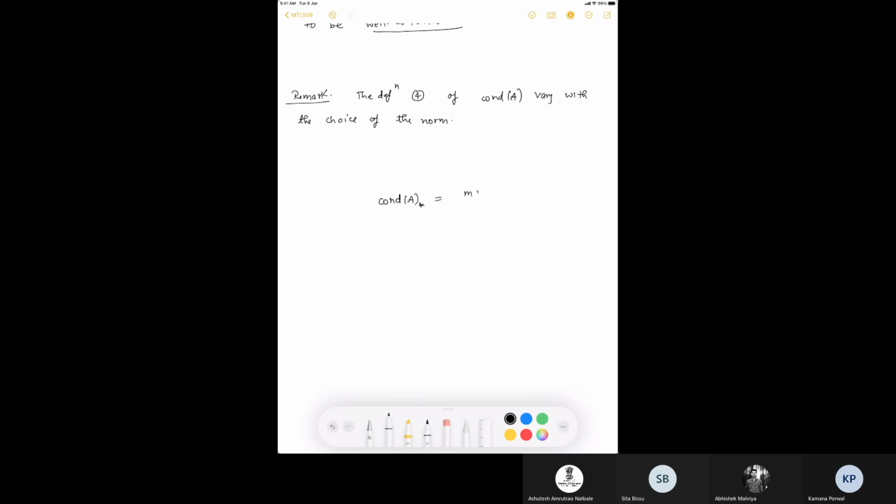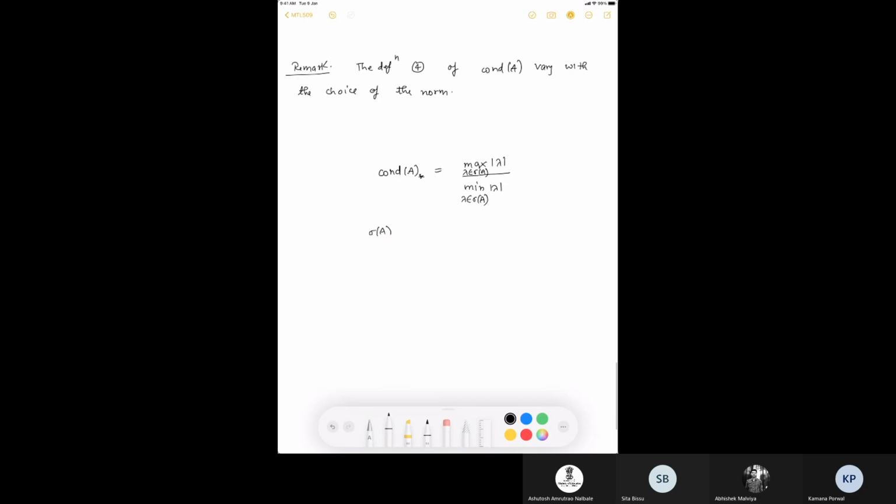You compute the eigenvalues of the matrix A and take the ratio of the maximum eigenvalue and the minimum eigenvalue, where lambda belongs to sigma A, and sigma A denotes the set of all eigenvalues of the matrix A. This is another measure used to compute the condition number.